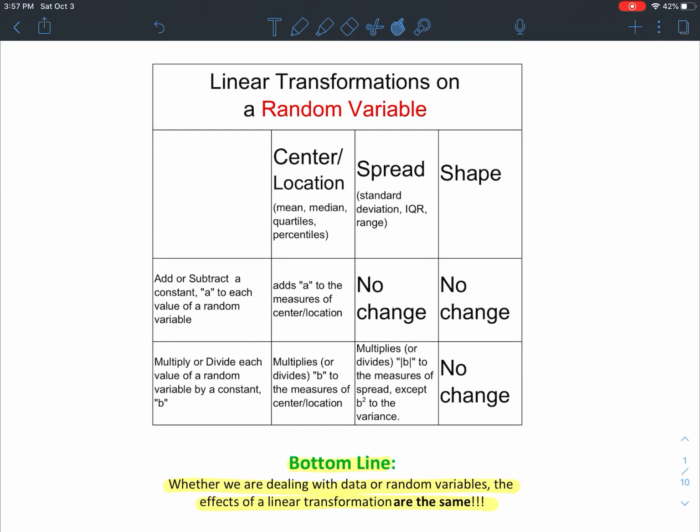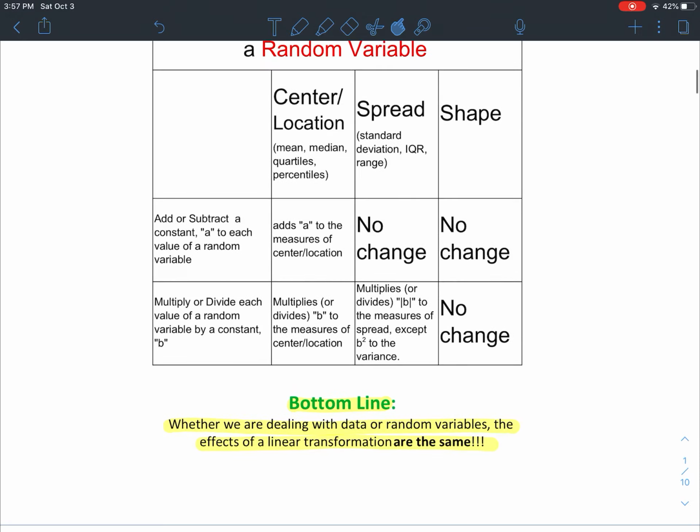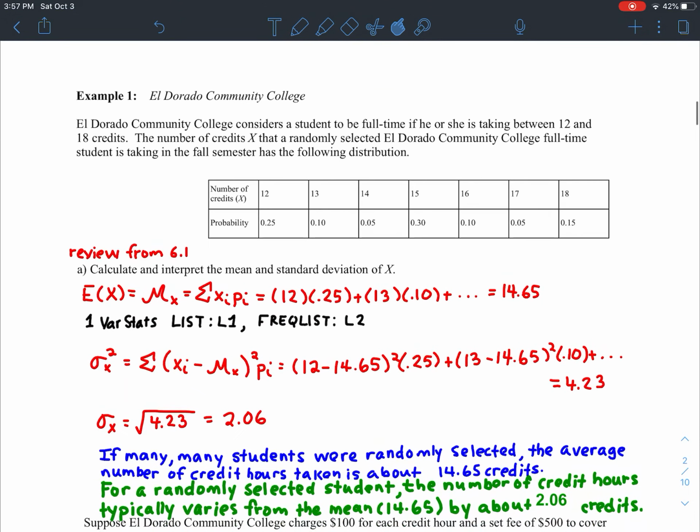But in essence, the bottom line is whether we're dealing with data or whether we are dealing with random variables, the effects of a linear transformation are exactly the same in terms of adding and subtracting only affecting measures of center, and multiplying and dividing affecting measures of spread and center. Shape remains unchanged.